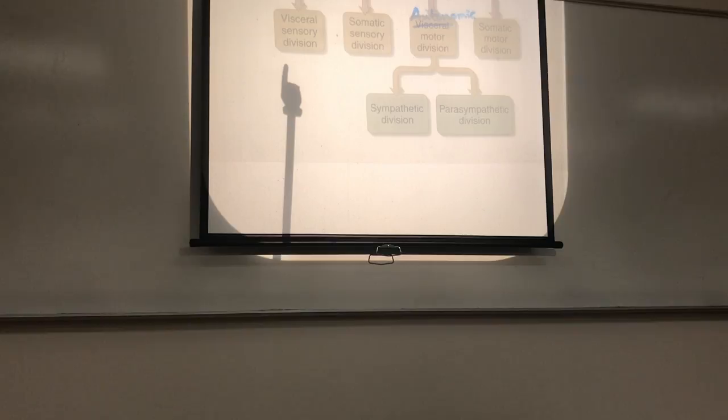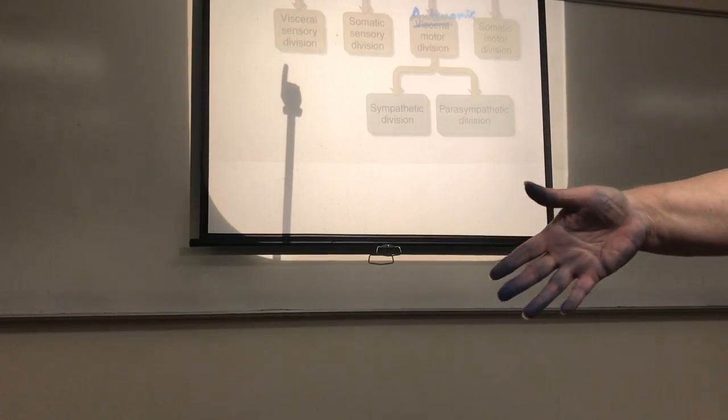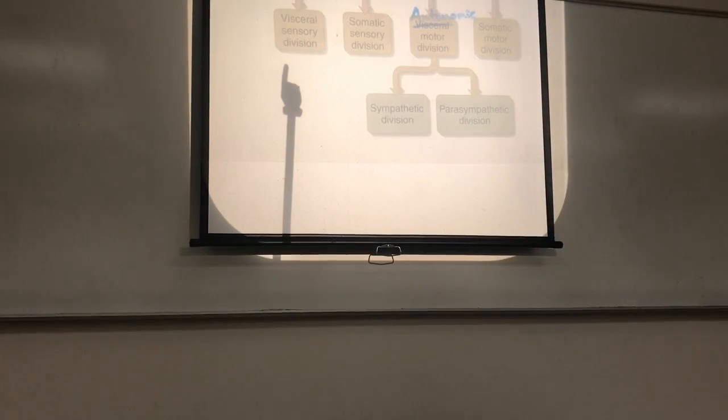Not everything that your nerves are telling you about needs to be brought to your attention. So the thalamus is getting this and deciding what you need to know about and what you don't. Some of this is things like blood pressure and how fast your heart is beating and blood chemistry, and you really don't need to know that right this moment. So those are visceral senses.